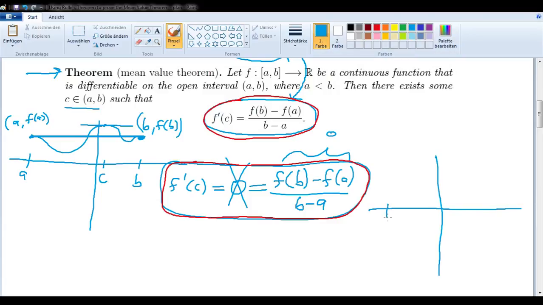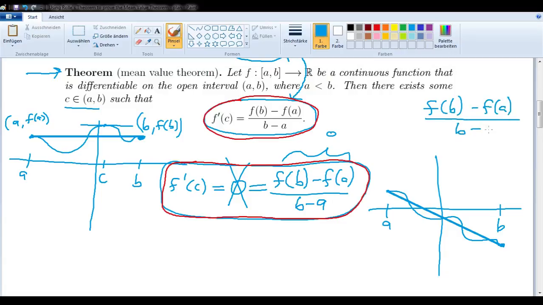Let's say we had, again, a function defined on the closed interval a to b, and we have something like this maybe. Now we take a line from here to here and take the slope of that, which we compute, of course, in the same way as before, (f(b) minus f(a)) over (b minus a).